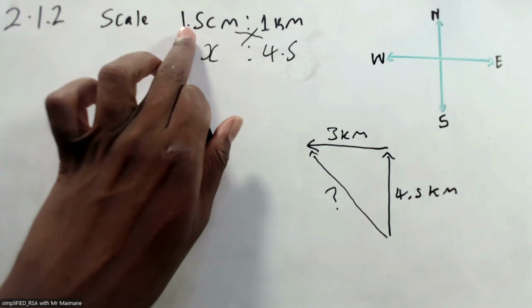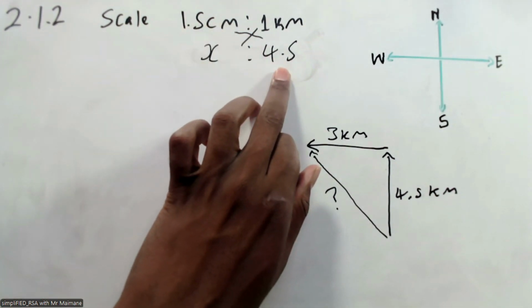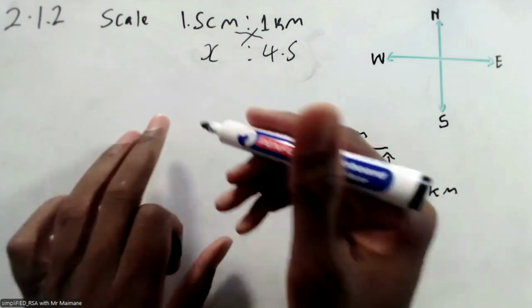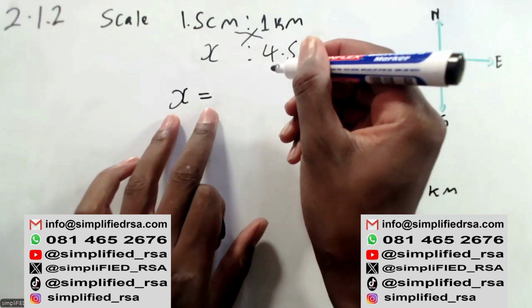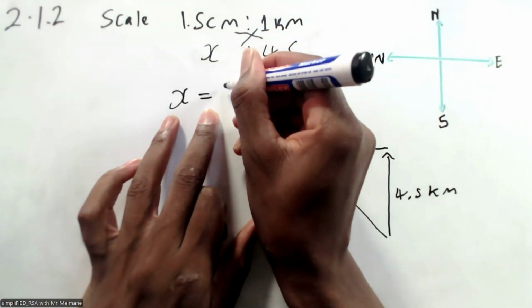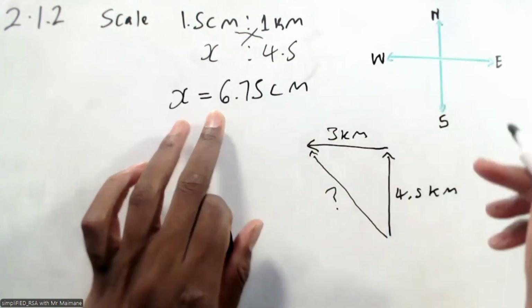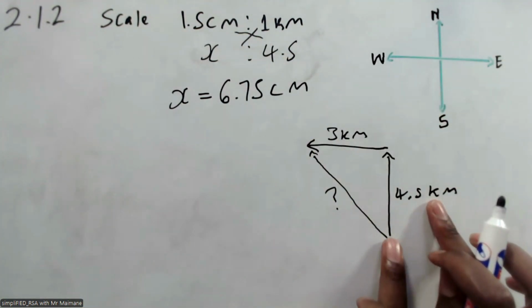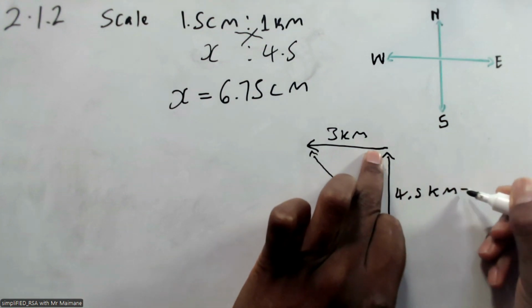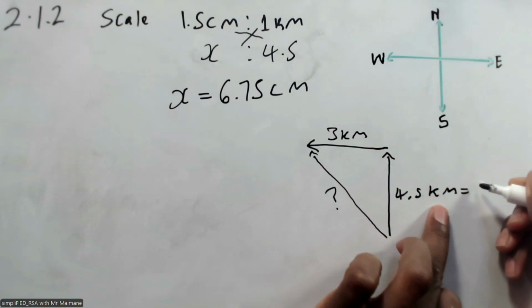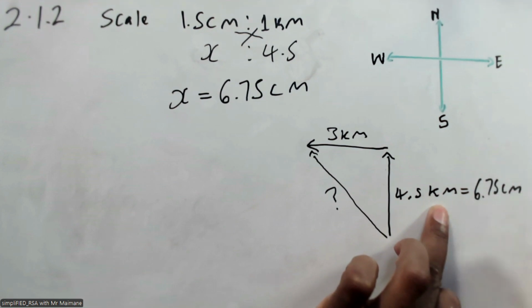If I multiply 1.5 by 4.5, I will get the amount required. Therefore, X should be 6.75 centimeters. So for Johnny to travel north 4.5 kilometers is the same as 6.75 centimeters according to my ruler.